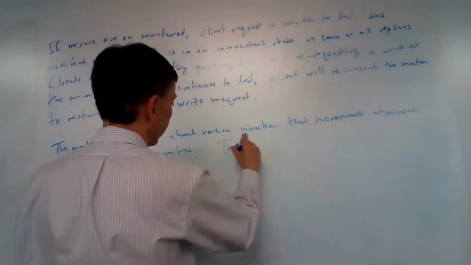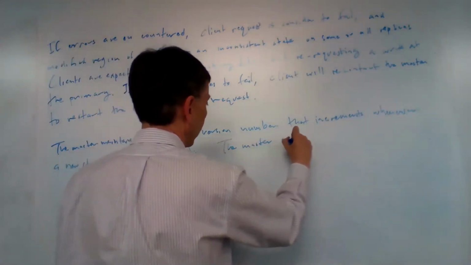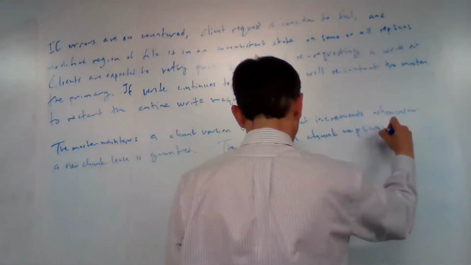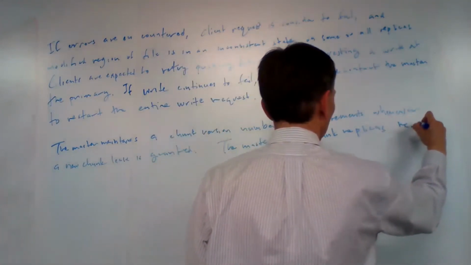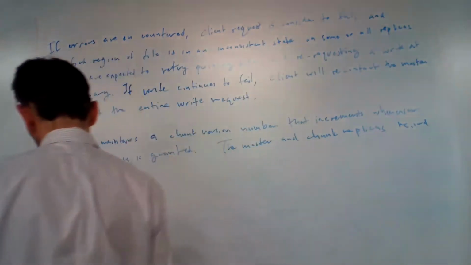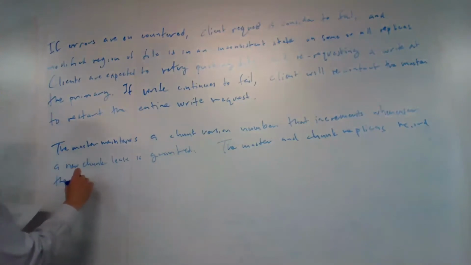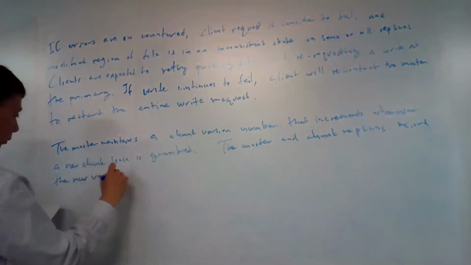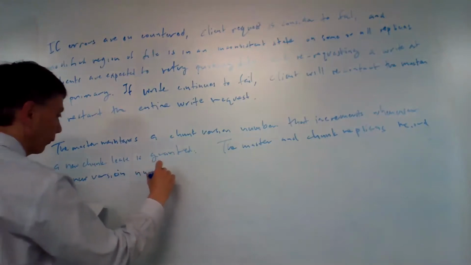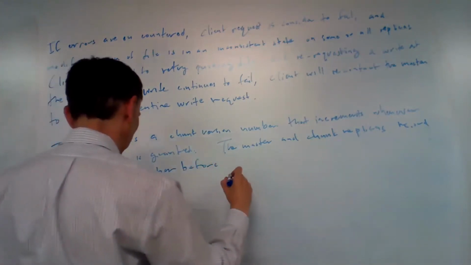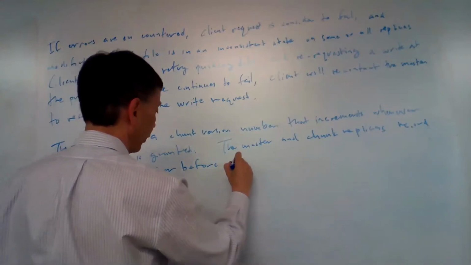So the master and chunk replicas record the new version number before any clients are given access to the chunk's primary.